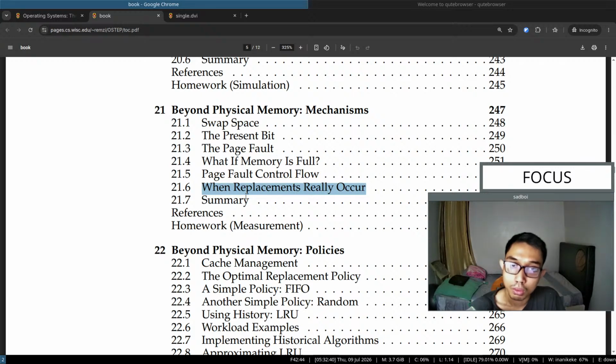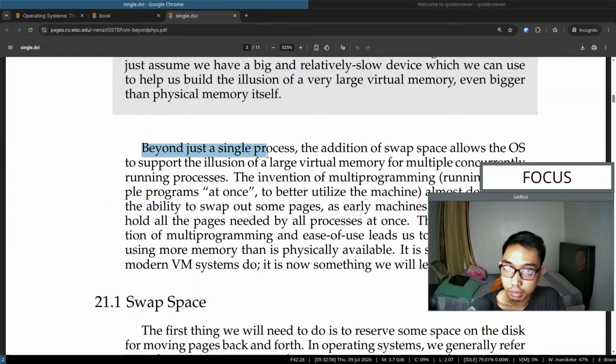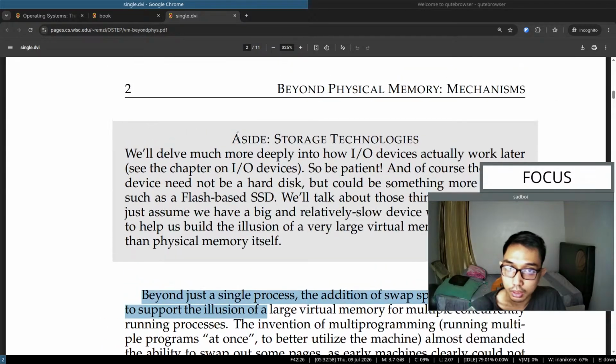Oh, okay. Maybe we are also using the multi-level page table. Maybe. Let me read this first before going into the aside.